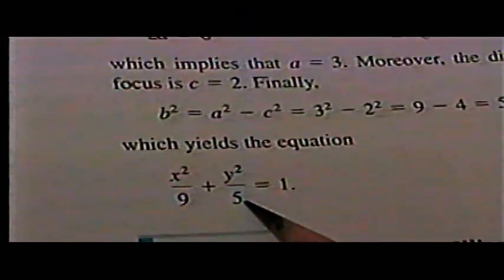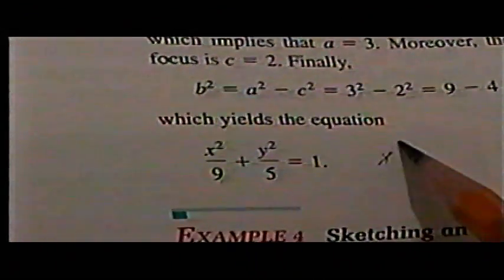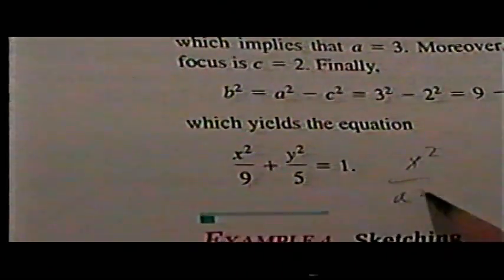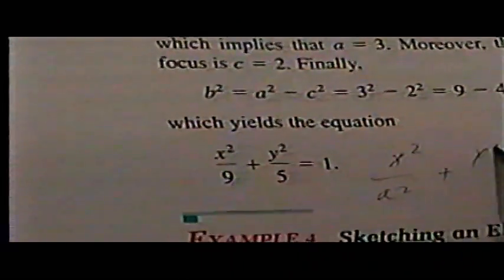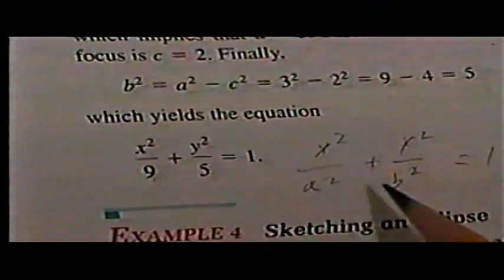Now the author writes the problem as x squared over 9 plus y squared over 5 equals 1. So you have x squared over a squared plus y squared over b squared equals 1.